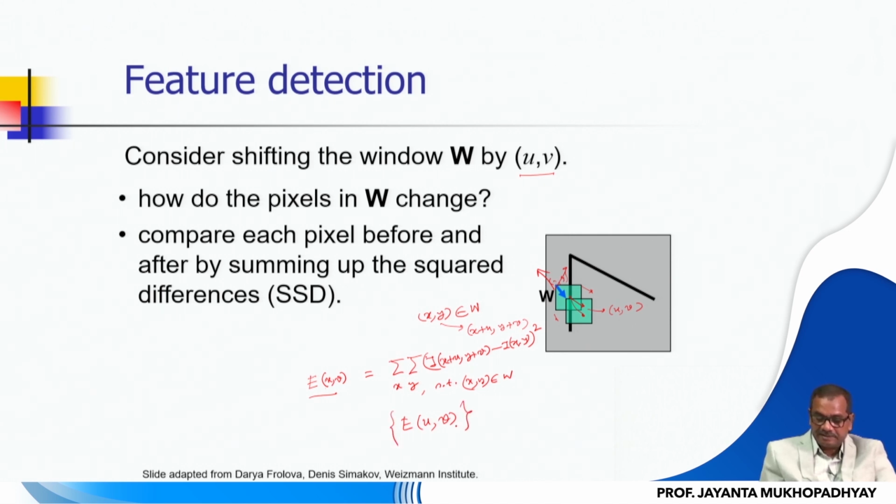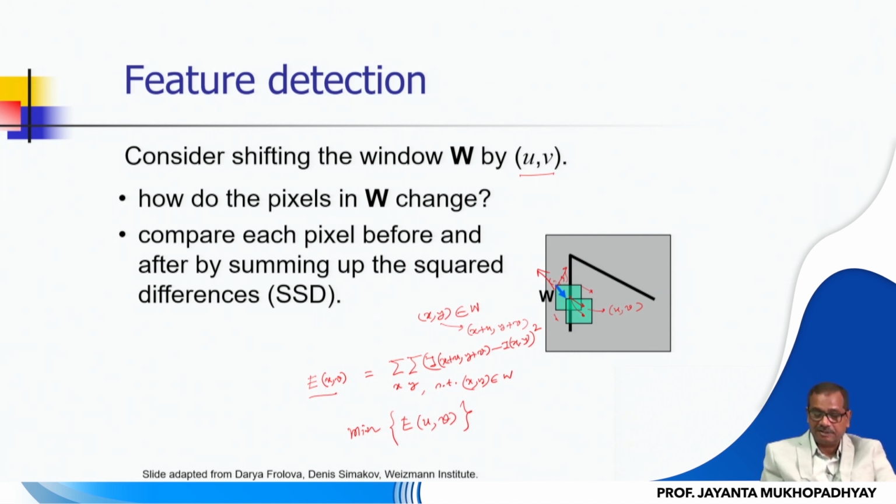In that set, I have to find out the minimum change, because this minimum change should be high. If the minimum change is high, all other changes are also quite high, because they are higher than that value.